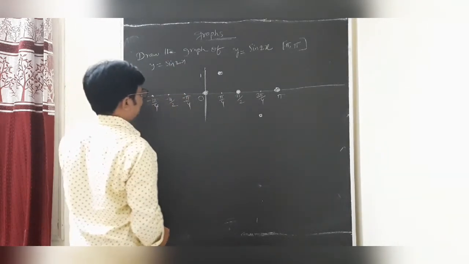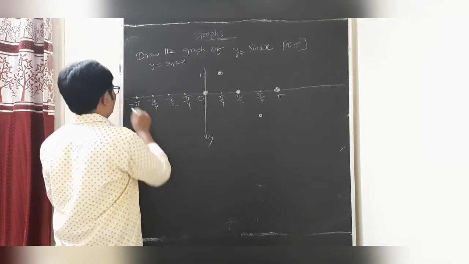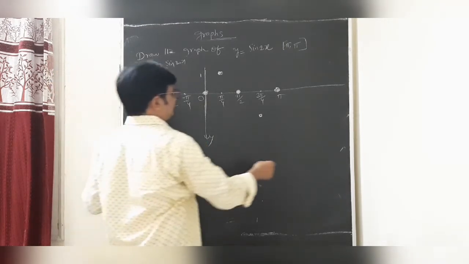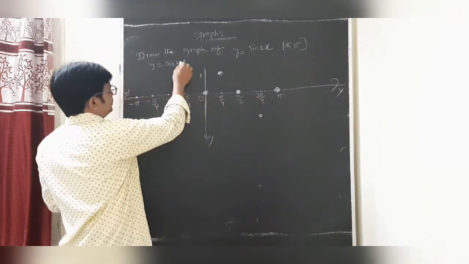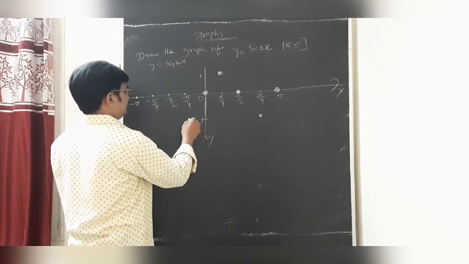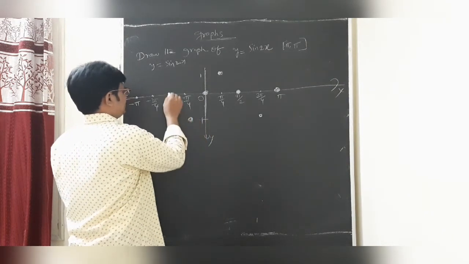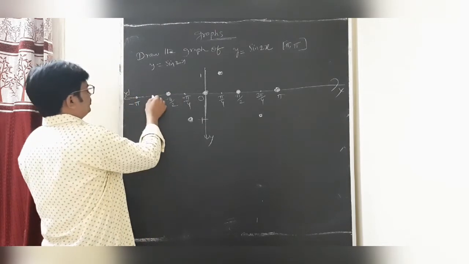Undoubtedly, dear students, here minus of pi by 4 is there. What we observed, sin of minus theta is minus sin theta. This will be minus 1. This is minus pi, 0. Dear student, this is minus of 3 pi by 2.